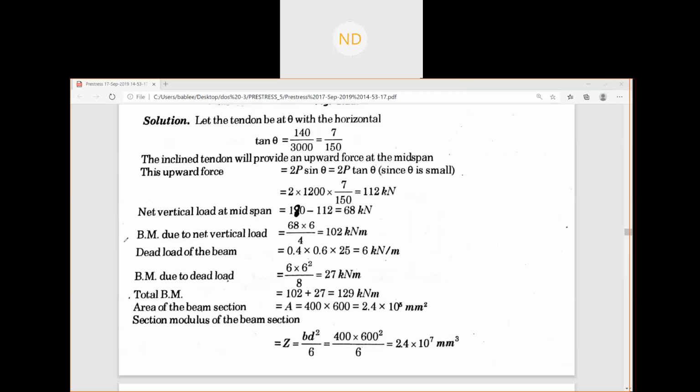The tan theta was this much. Your total upward force, we got 112. Then the net upward force, we got this also correct. Bending moment due to the net load, this much. Your total bending moment, 129 kilonewton meter.